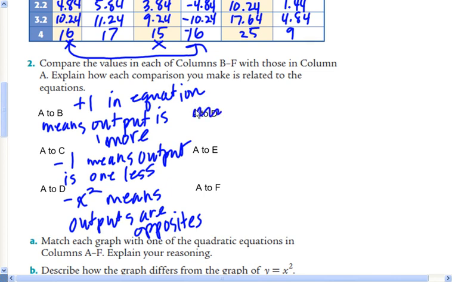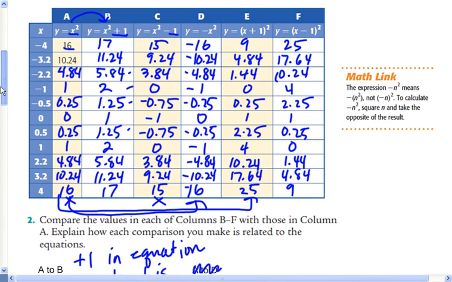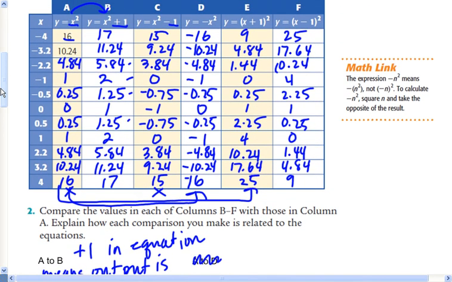From A to E, what we did is we added 1 inside the parentheses. That one's a little trickier, but if you look closely at some of the whole numbers, you'll notice that it has the same output for 1 less input.